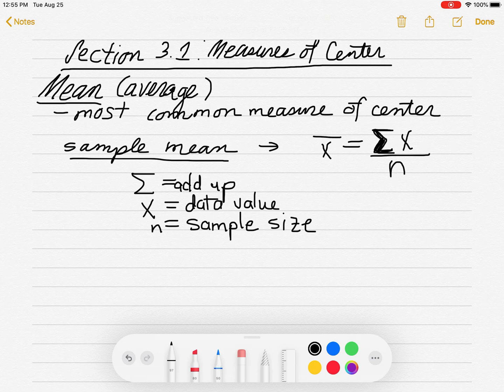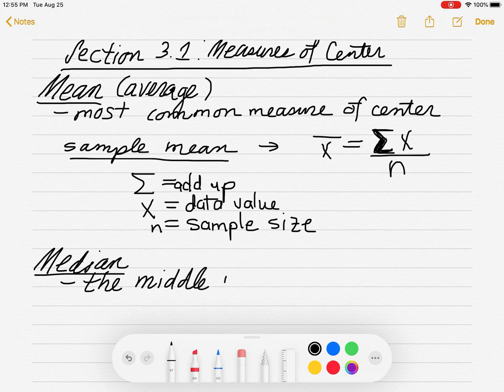Now, before we do an example, we can also talk about the median. Another popular measure of center, maybe not as popular as the mean. This is the middle number for your data set.